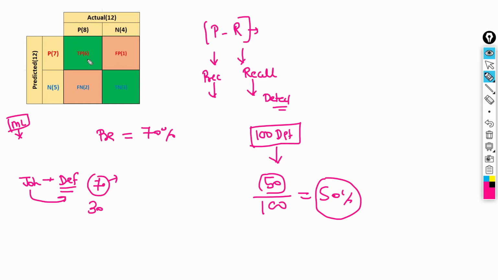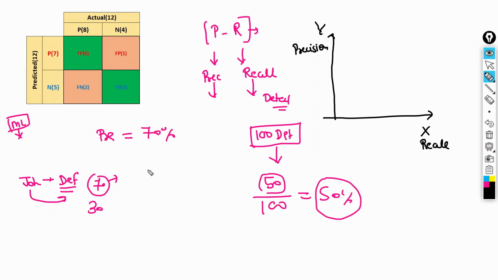We use precision and recall to draw the precision recall curve. How do we do that? We use the x-axis and y-axis. On the x-axis we use recall and on the y-axis we use precision.